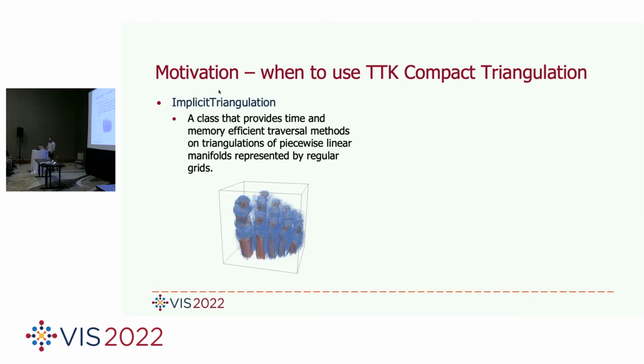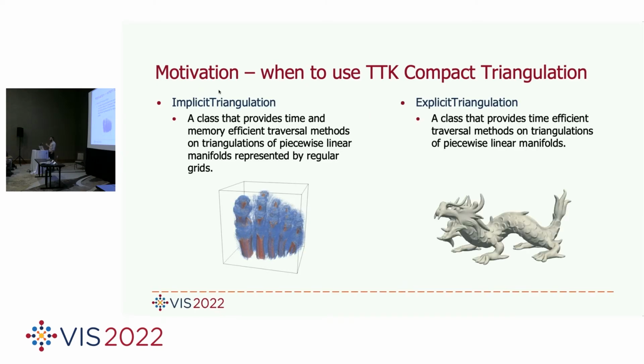To give you a quick idea of why you should care about the compact triangulation, in general, if you think about the type of data that you can handle, we are always thinking either of volumetric data, something distributed on a regular grid, or some type of simplicial mesh.